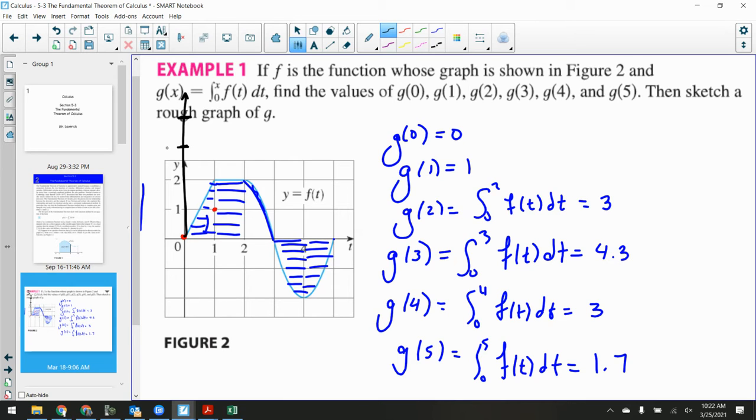There's 1, 2, 3, 4. We'll be able to ballpark it from there. Okay, so here's 1, comma 1. There's 2, comma 3. And then here's 3, comma 4.3. Just a little bit above 4. And then it starts to come down. g of 4 is 3. g of 5 is 1.7. Somewhere in there.